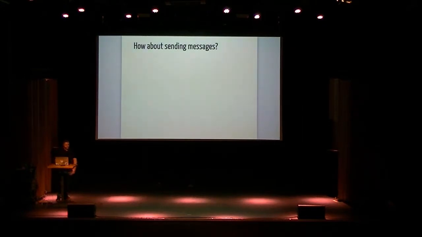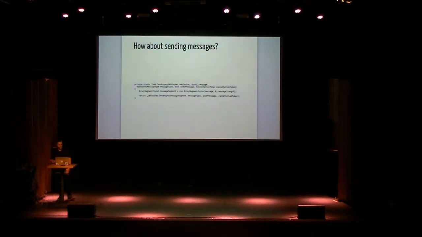Sending is relatively simpler. In most cases, those 2 lines are fine. But we can already see that the API allows us to implement more performance scenarios. That first parameter is an array segment. So if we are building a big message over time, let's say in the simplest case over a memory stream, we can get access to the underlying array and move through that array with the array segment.